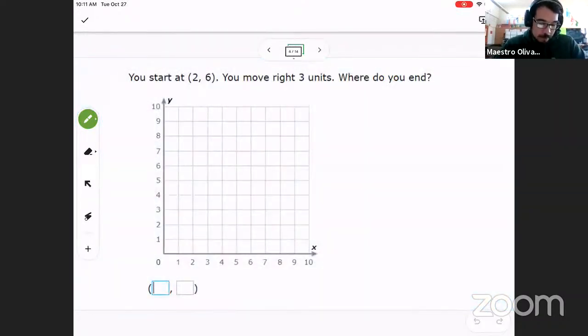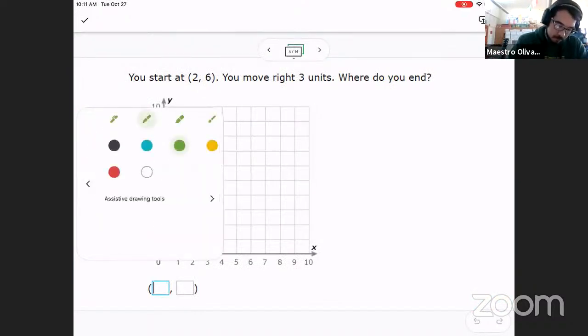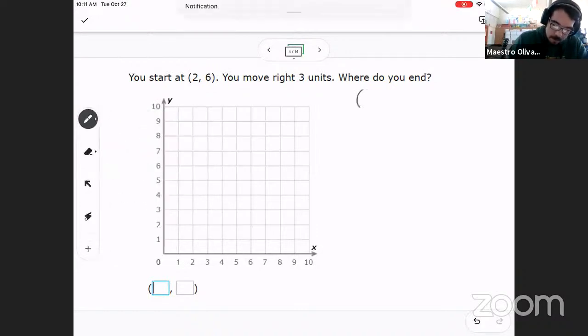You start at (2, 6). You move 3 units to the right. Where do you end up? Again, first thing you want to do, write out your point. (2, 6).